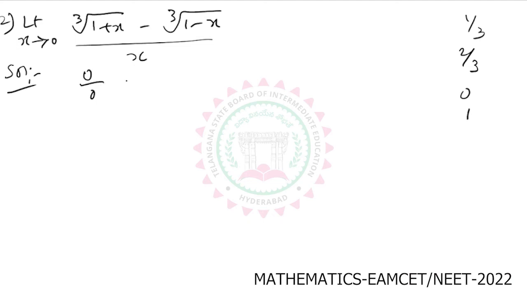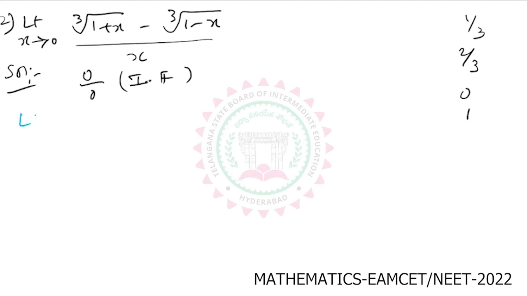Now, as I approach an indeterminate form, what is my duty? I have to differentiate the numerator and denominator separately. So I am doing the same thing.